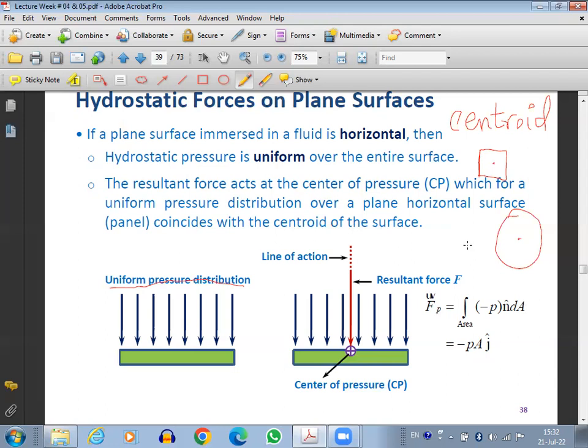The balloon is spherical, but now the mass is not equally distributed. On the top you have air, on the bottom you have water. So the center of gravity would not be in the center. It will be shifted towards where you have more mass. So the center of gravity would not act at the centroid. The centroid would still be in the center of the balloon because it is a sphere.